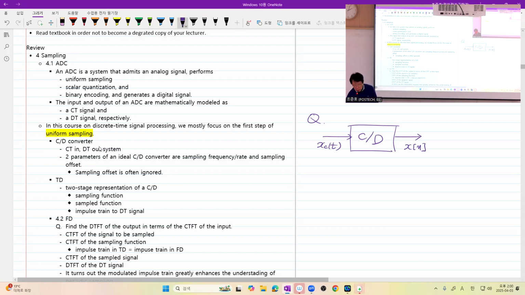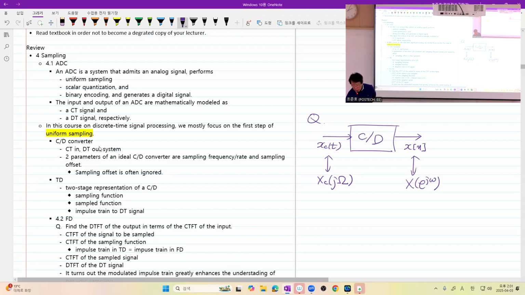And here goes the question. Let's say that the continuous time Fourier transform of the input is capital X sub c of j capital omega. And let's say the discrete time Fourier transform of the output signal is capital X of e to the j omega.